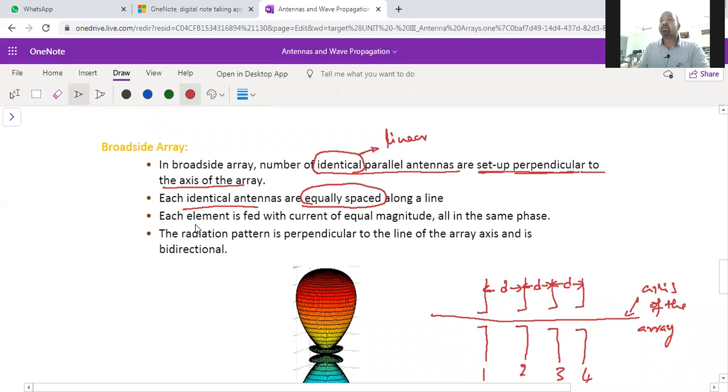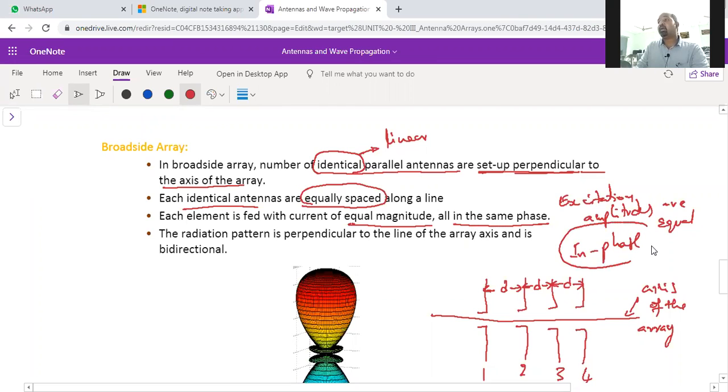And the third important point is that all the elements are fed with equal magnitude and in the same phase. Excitation amplitudes are equal, and they are in phase.